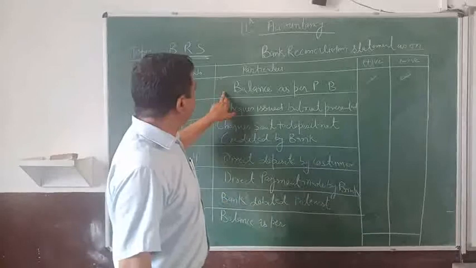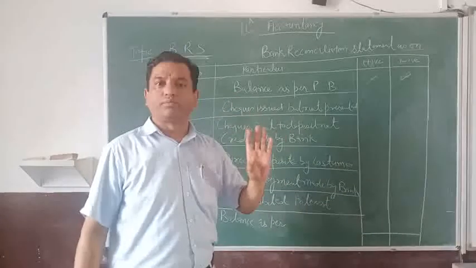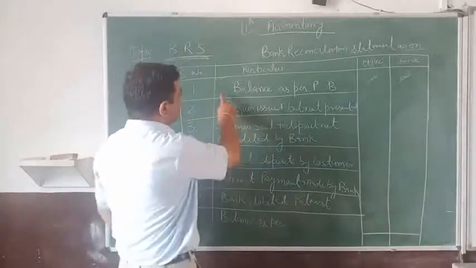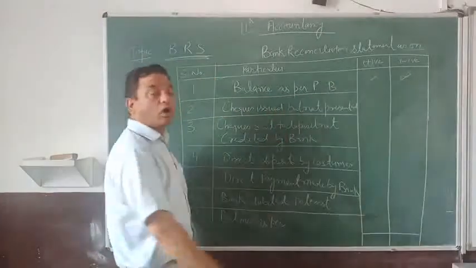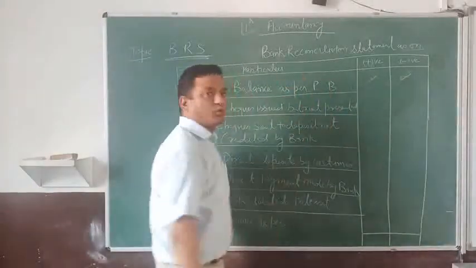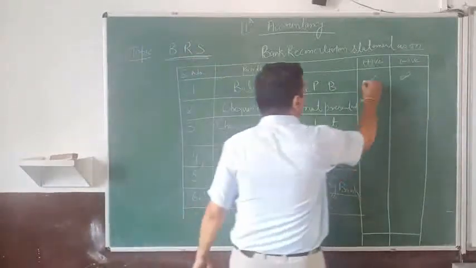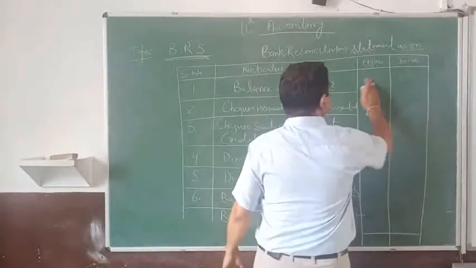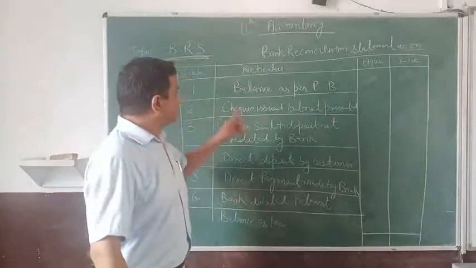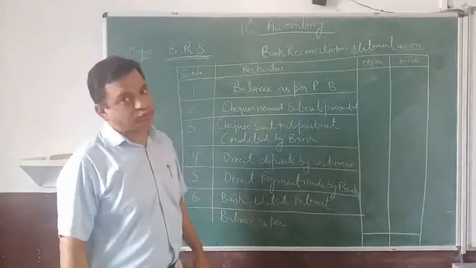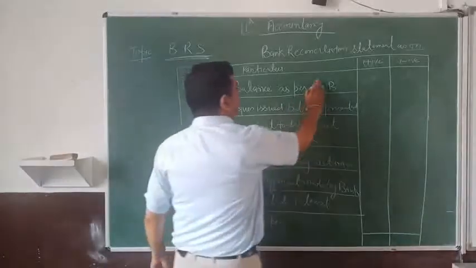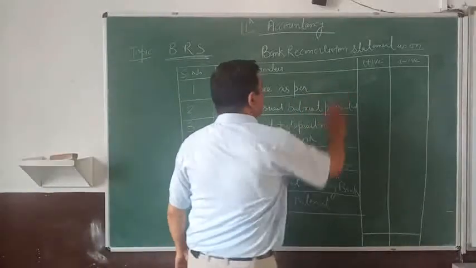And if we have been given the balance of any book without nature, just like balance as per passbook or balance as per cash book, then without nature it will always be positive, right? These are the rules regarding the balances of passbook and cash book. So now I will tell you how to reconcile.